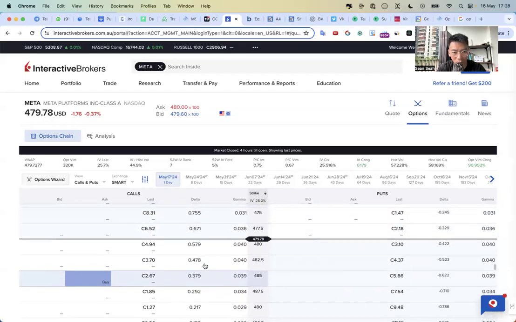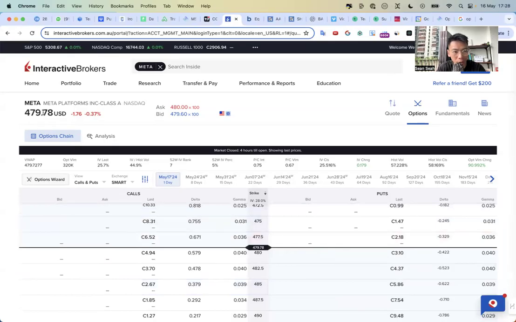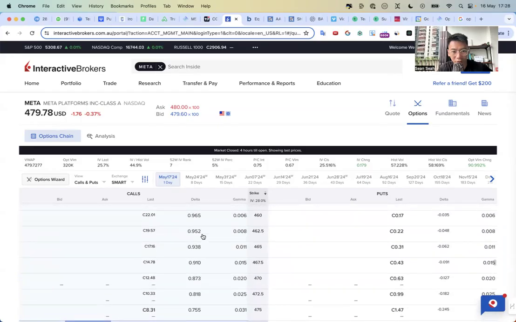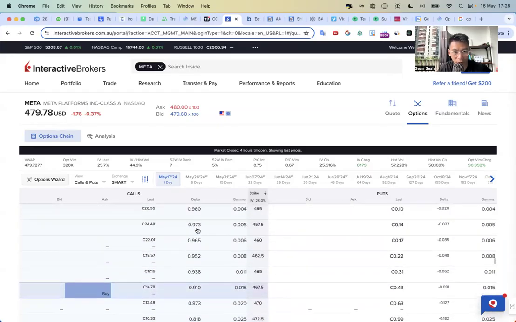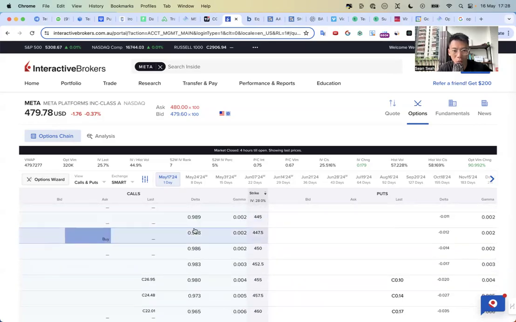You can see that right now the share price of Meta is 479.78. If the call option is in the money, at a strike of 477.5, you can see the delta is 0.67. And the further in the money, the higher the delta is, from 0.6 to 0.7, 0.8, 0.9, and almost near 1.